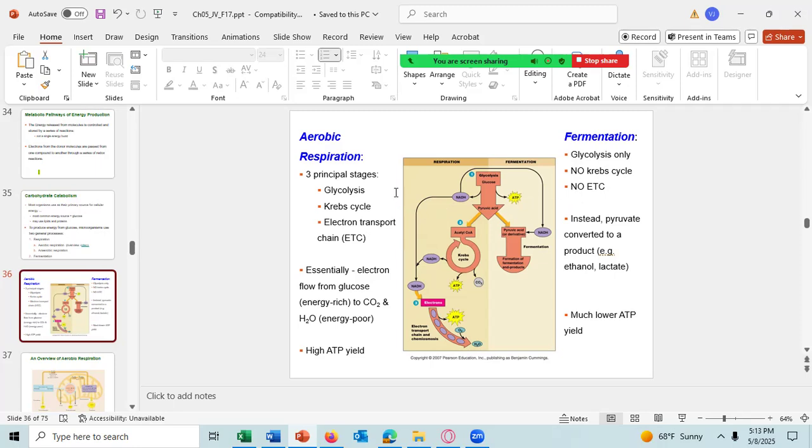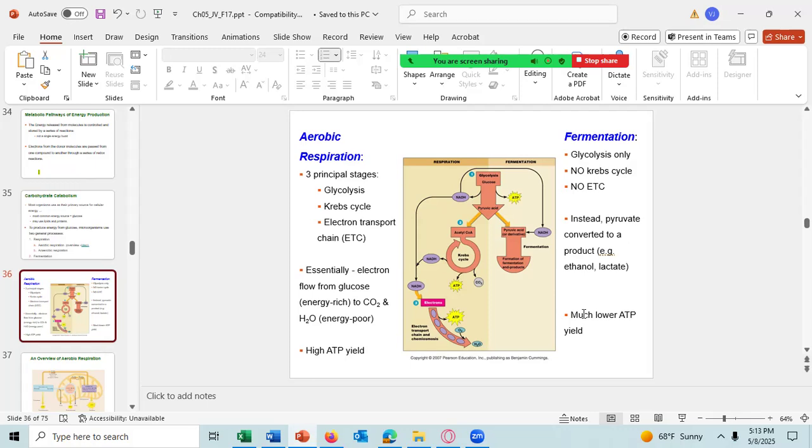Essentially, in aerobic respiration, the electrons flow from glucose, an energy-rich molecule, to carbon dioxide and water, which are energy-poor molecules. In fermentation, the energy flows from glucose to pyruvate, and in the process of aerobic respiration, we get a high ATP yield.